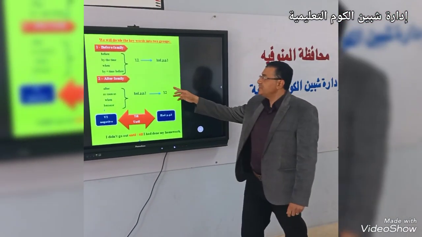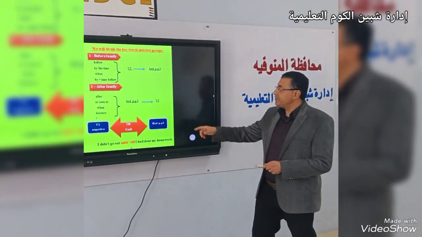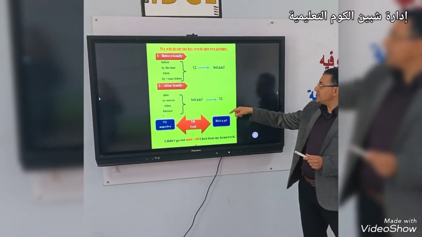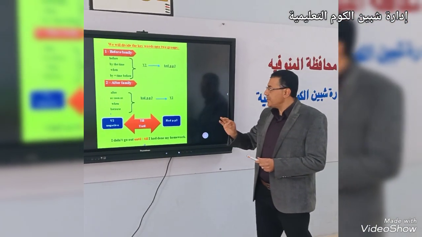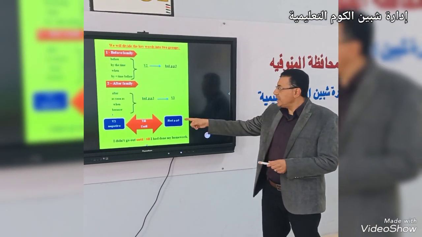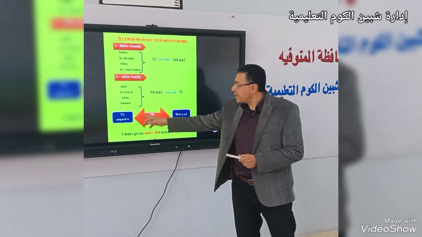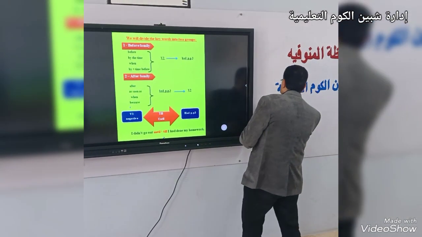Number two, after family: after, as soon as, when, because is followed by had PP3 plus V2. Okay? We have another very important note, till or until. Till and until are preceded by V2 and followed by had PP3. Like this.